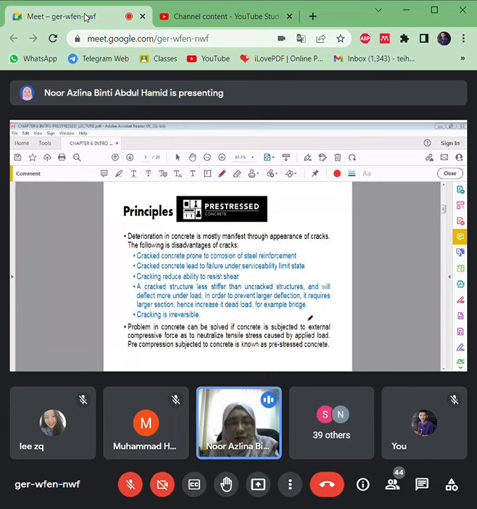But the main thing is that cracks can lead to corrosion problems, especially for the steel reinforcements. That is the part where chemicals or moisture can ingress into the concrete.